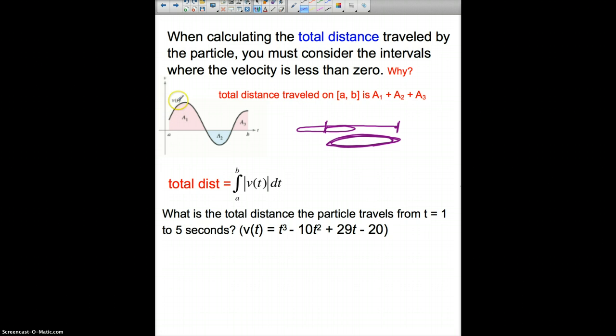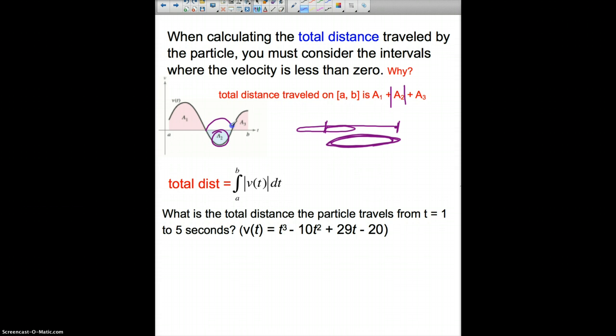So if I want to find the total distance traveled, including my velocity going in the positive direction, even this distance going in the negative direction, and this just distance going in the positive direction, I would need to add up those three areas, but this is a negative area. So it's like I have to do the absolute value of that negative part because I want to add that up as a positive value.